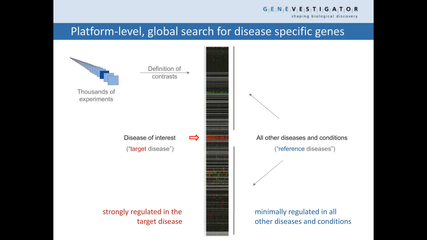So in this case here, we have used Affymetrix 133 plus 2 studies. It's a very popular platform, so there are very many studies available, and we looked for genes that are specifically expressed in Crohn's disease.